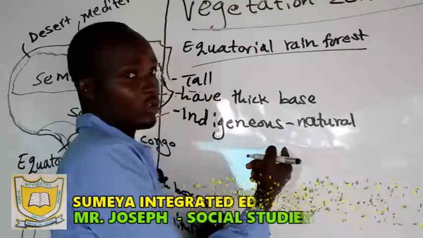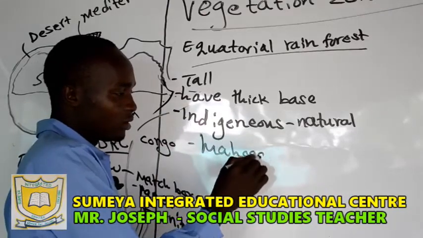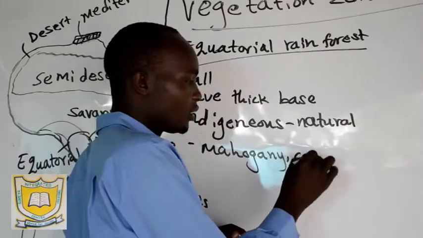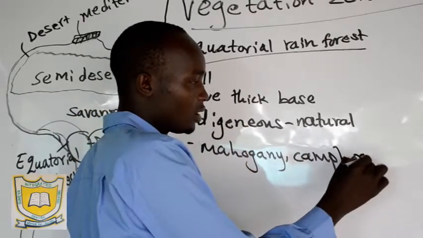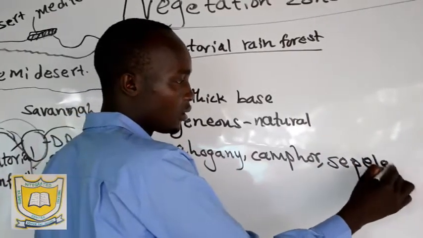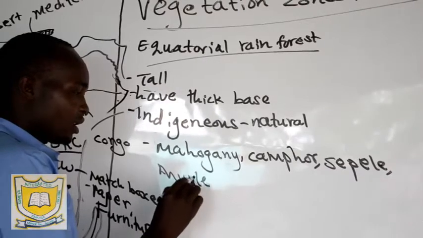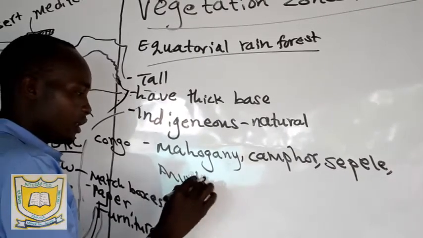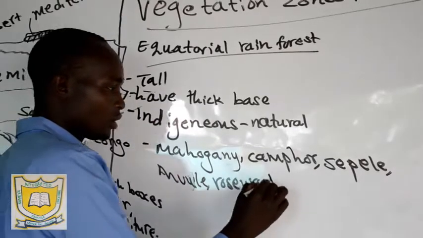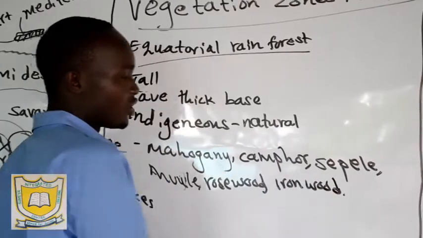And when you talk about natural tree species, we are looking at mahogany, camphor, sepele, mvule, rosewood, ironwood, and so on.